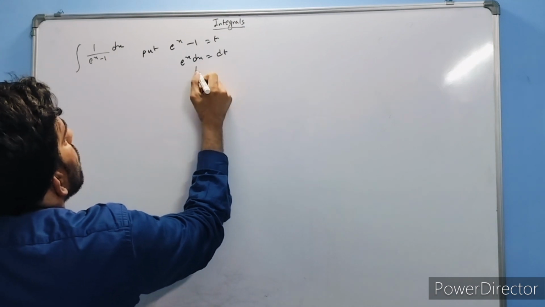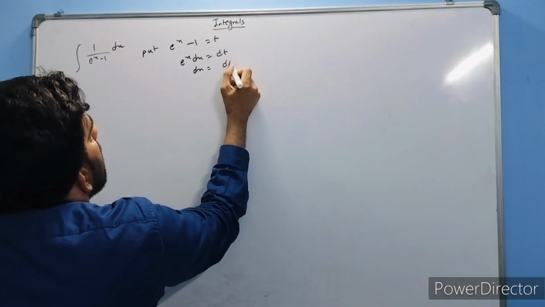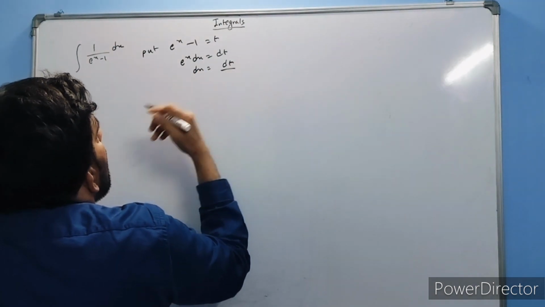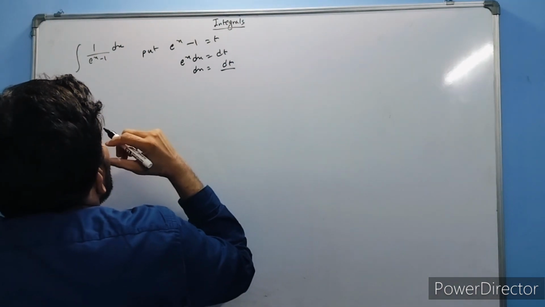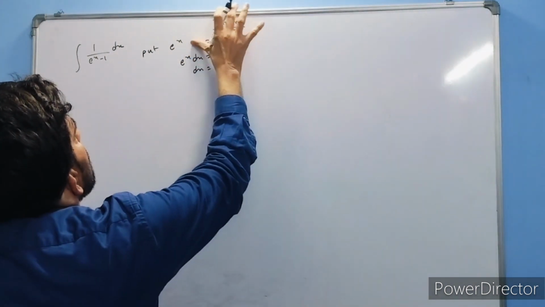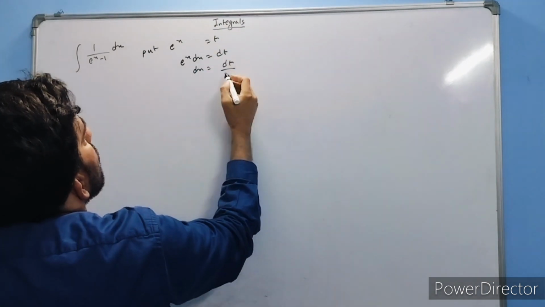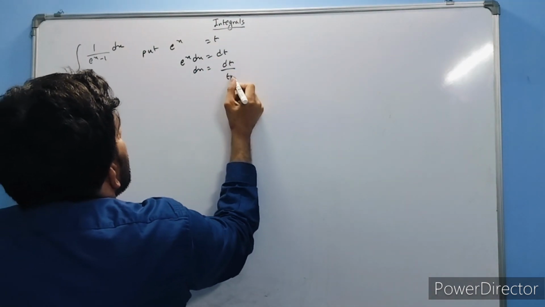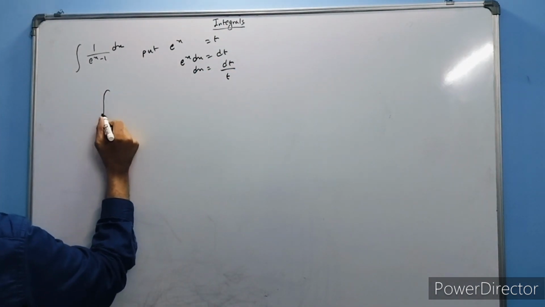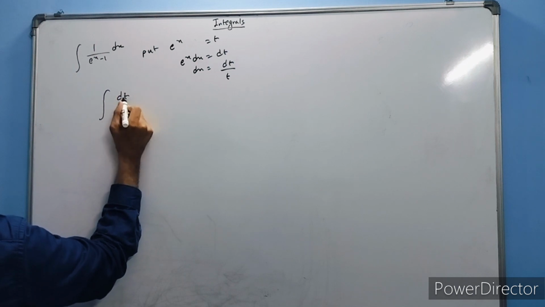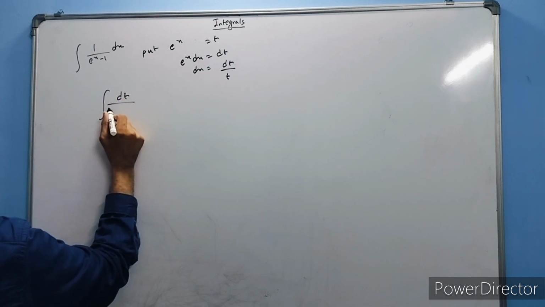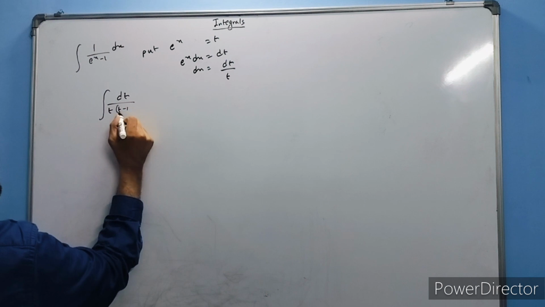So dx will be dt upon e to the x. Put e to the x equal to t, so we will have t. We'll have t into t minus 1.